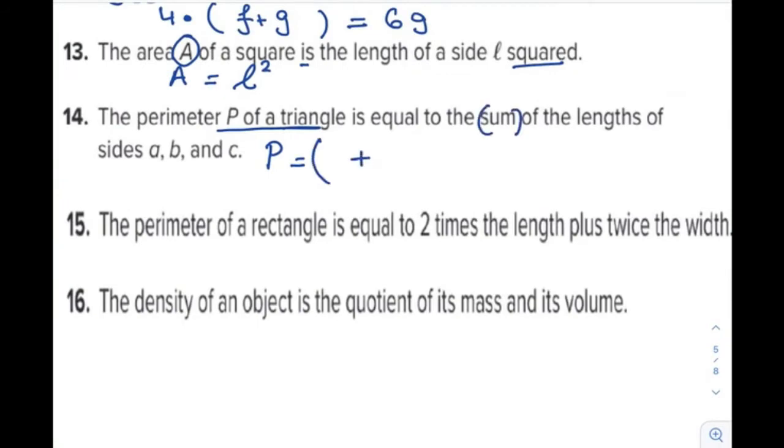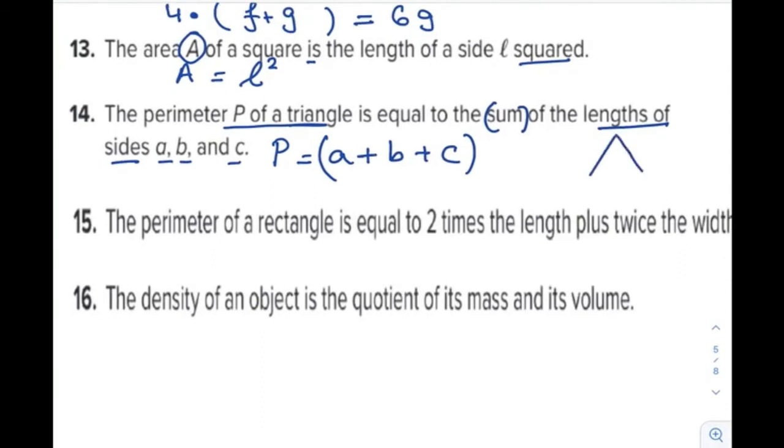The sum of the lengths of the sides A, B, C. A plus B plus C. So we can put the bracket, or we can ignore it. For your information, the triangle has 3 sides. We can call this A, this B, this C, not necessarily equal.